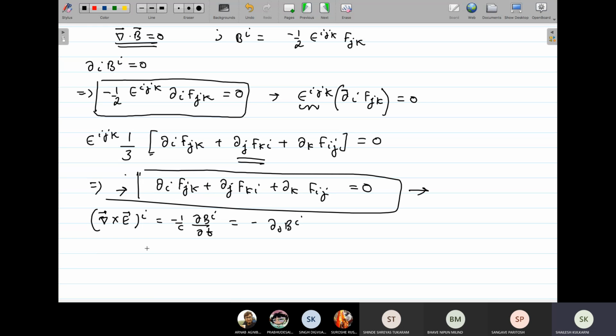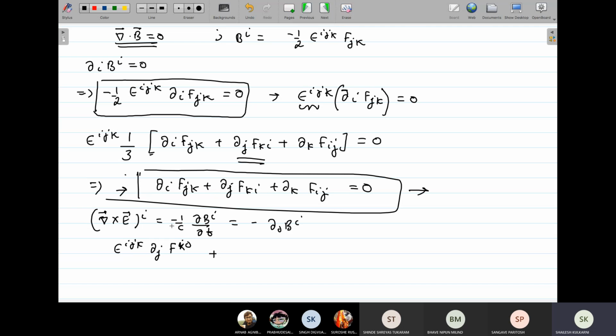So this is the ith component of del cross E. It will be epsilon ijk ∂_j E_k, where E_k is f_k0. Clear?